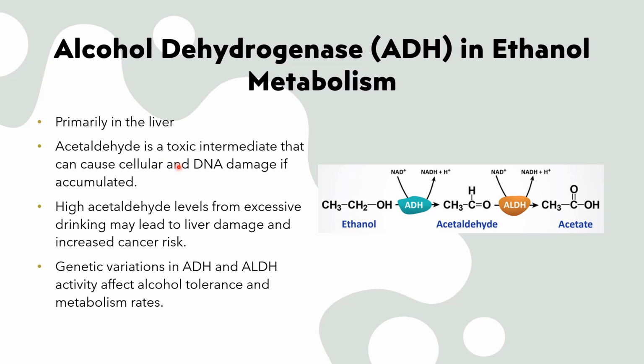If we have high amounts of ethanol in the body, normally this acetaldehyde is converted by acetaldehyde dehydrogenase, this enzyme, to acetate, and acetate is converted to acetyl-CoA, which can be used to produce energy in the TCA cycle.